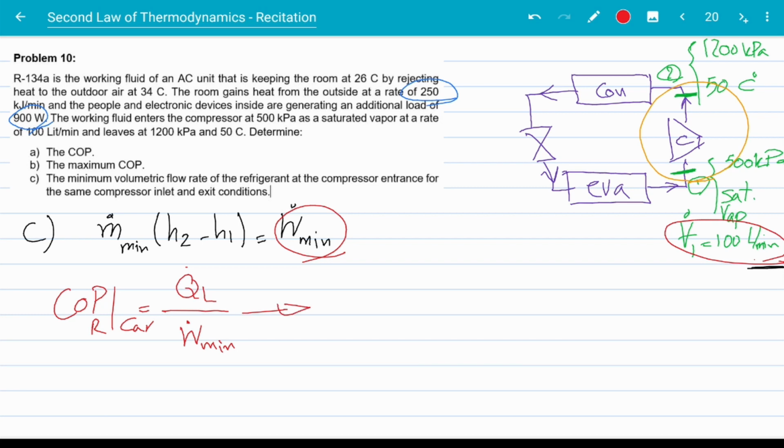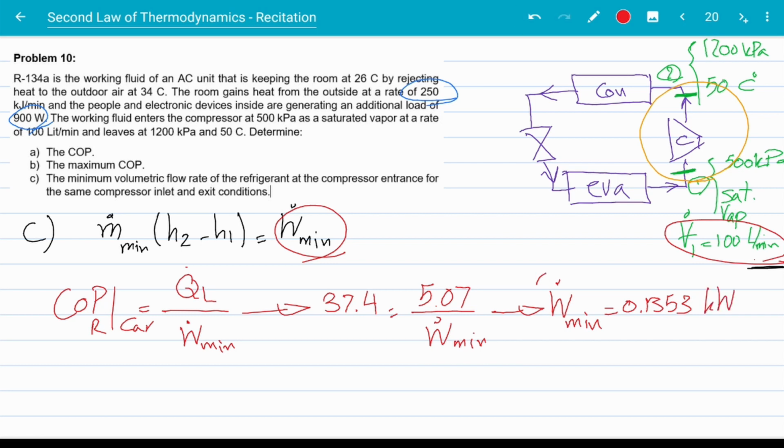Now, COP maximum that we found was 37.4. Q dot L, that is not changing, so that is 5.07 over W dot minimum. Playing with this equation, you get that W dot minimum is 0.1353 kilowatts. This is the absolute minimum power input that this cycle can work with.